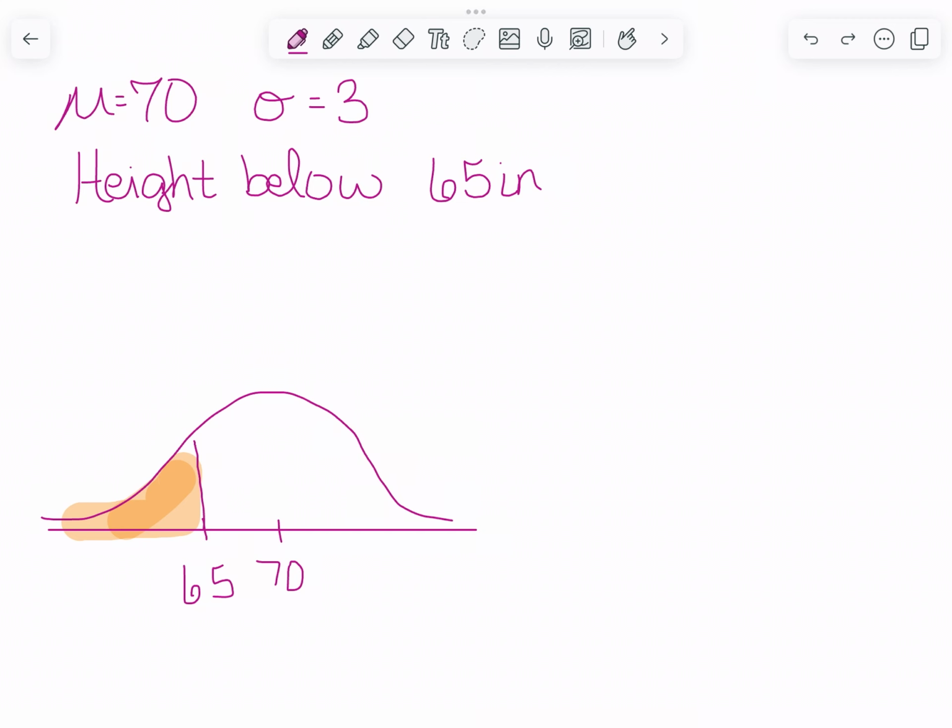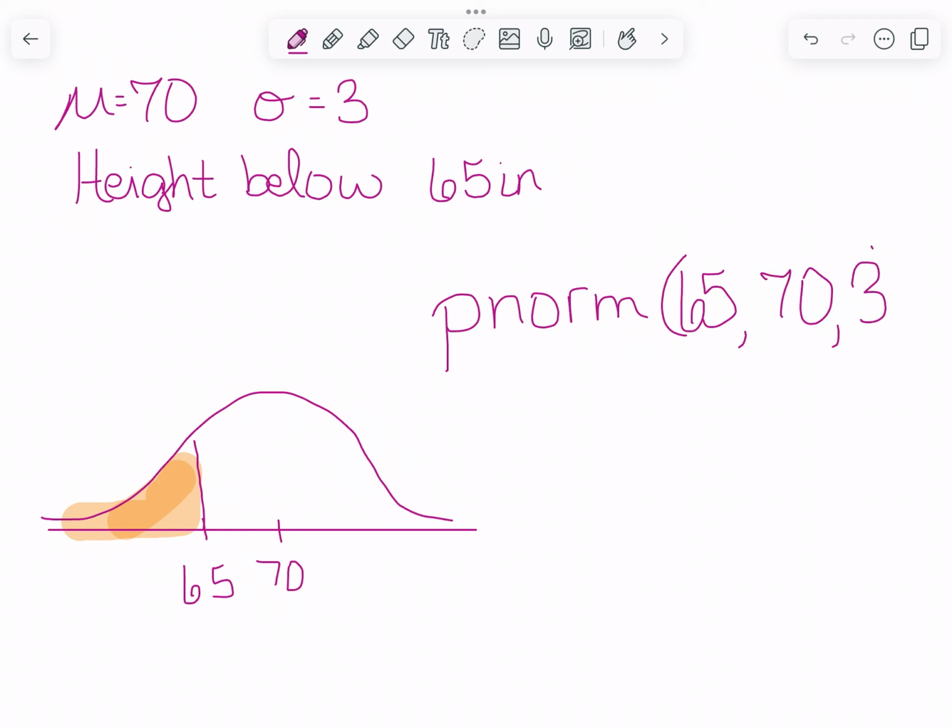Now we want to look at using the command in RStudio. The basic command was pnorm. We input the value we're concerned with, which is 65, the mean of 70, and the standard deviation of 3. The value always comes first, the mean comes second, and the standard deviation comes third.